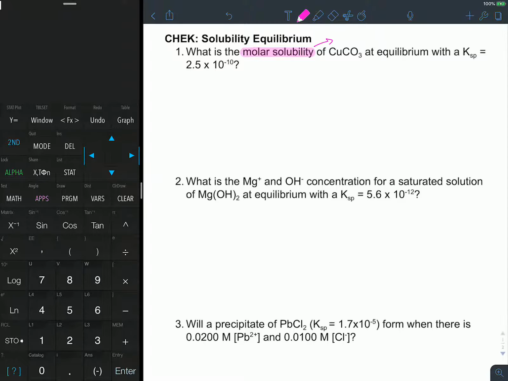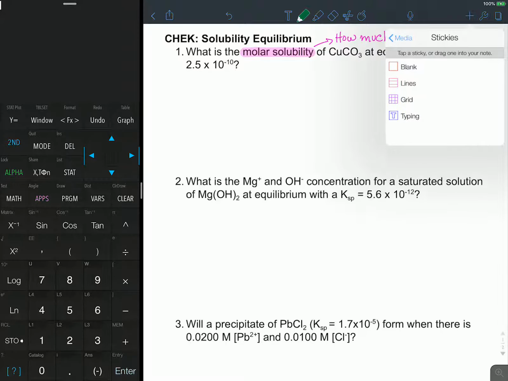Molar solubility is how much of this compound dissolves in water. Even those things that are insoluble are going to dissolve a small amount. When it comes to these KSP equations and calculations, there are a couple of things you're going to want to know.